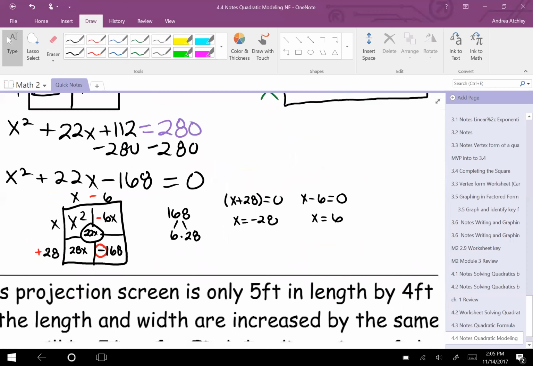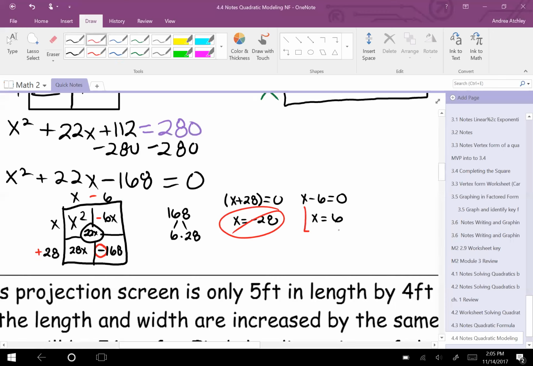Do both answers work in this case? No, they don't. If I increase by -28, is that actually an increase? No. So technically, although this is an answer, it's not what I'm looking for because it doesn't apply to the problem. It doesn't show an increase of my length.